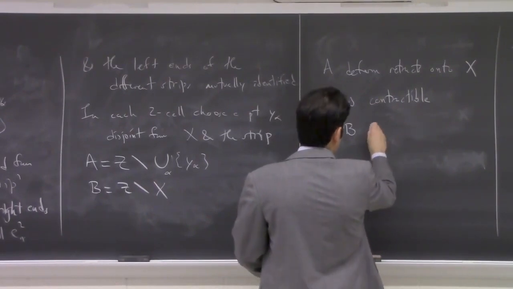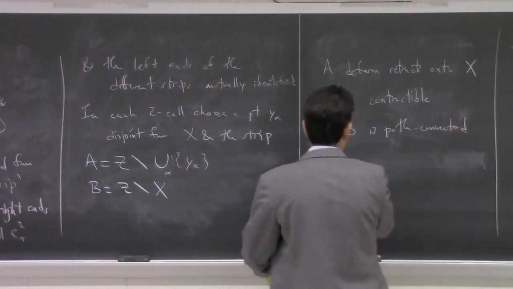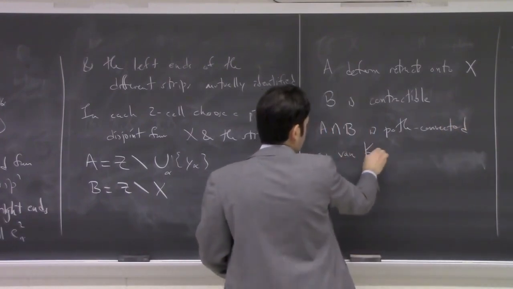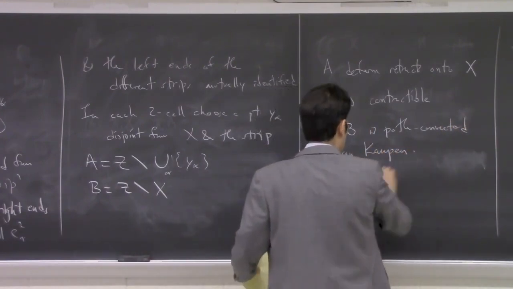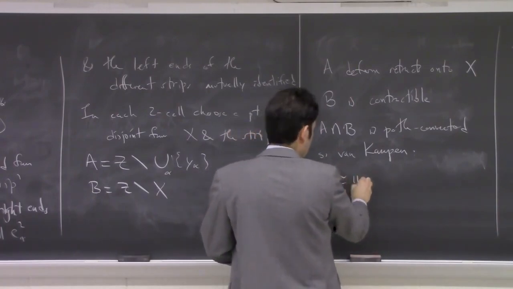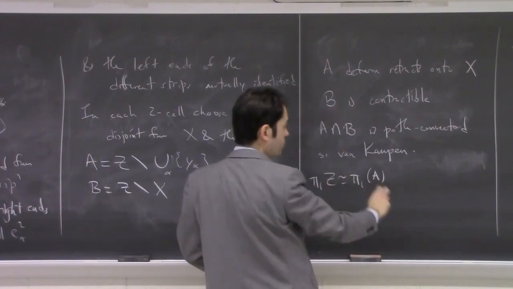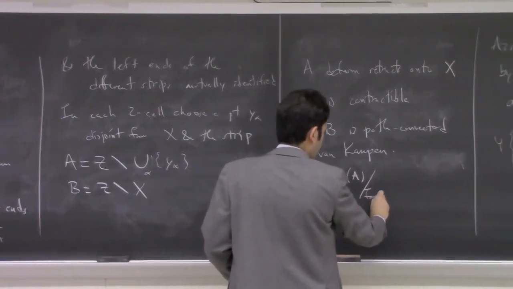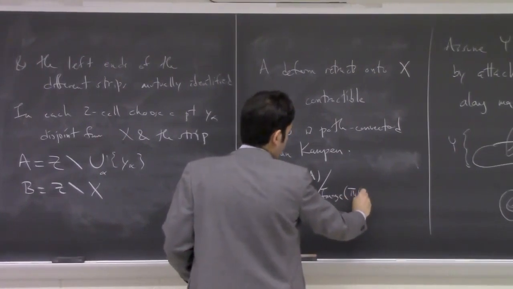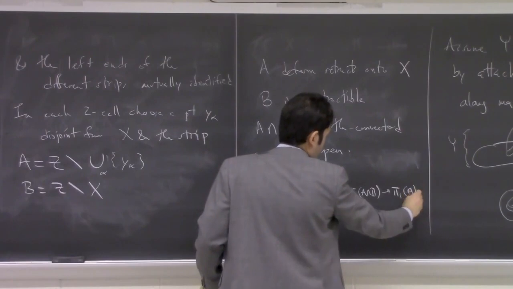But in particular, this is path connected. So Van Kampen applies. And it tells us that pi1 of Z is pi1 of A, free product with pi1 of B, but that's trivial, mod out by the image of pi1 of A intersect B in pi1 of A.